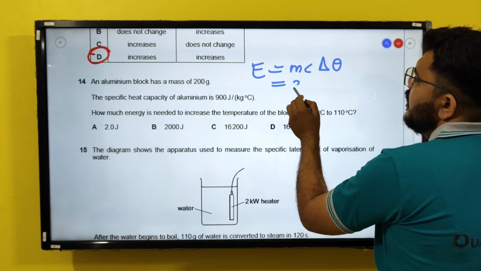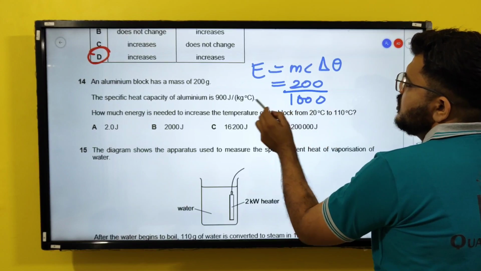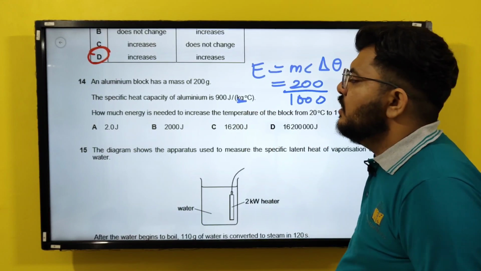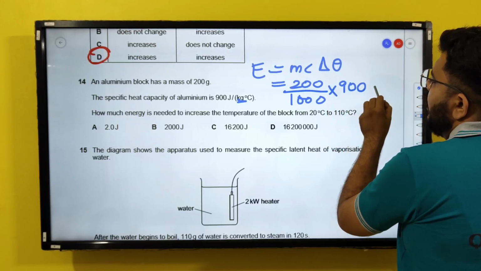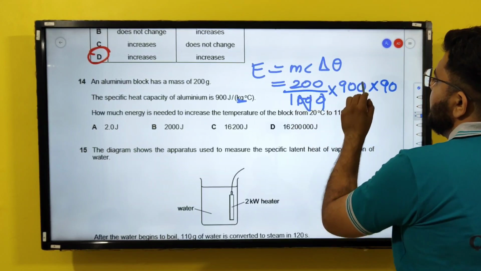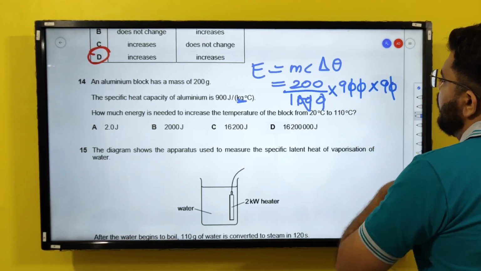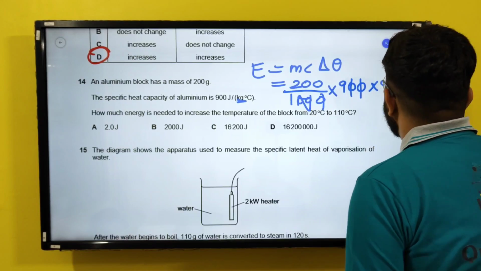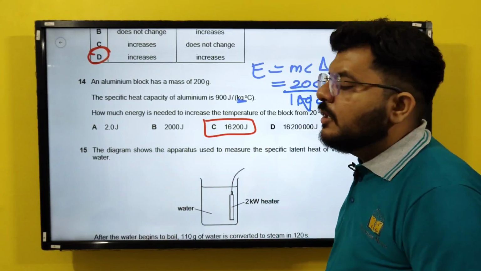What is the mass? 200 gram, but we have to change it to kilogram because your specific heat capacity is given in kilogram, multiplied by 900 and multiplied by 90. So 81 into 2 is 16200. So 16200 should be your answer, which is option C.